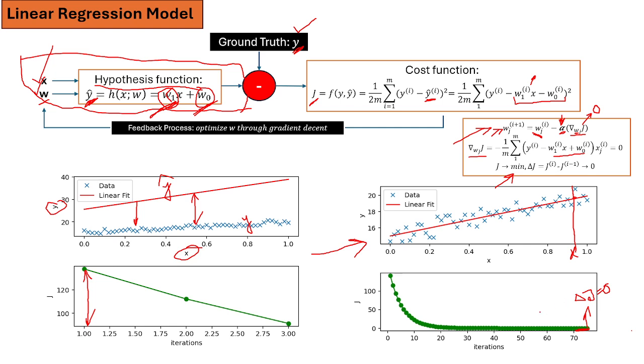But another problem is this. We can see that the value of J was just moving, the iteration was carrying on, even though it quite reached zero value here. I think there were 20 or 30 more iterations. The reason behind that is that del J is not actually exactly zero.